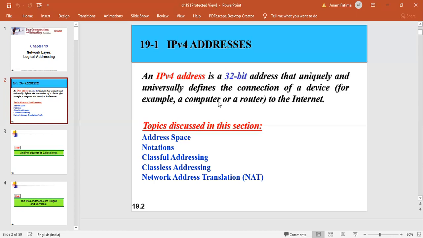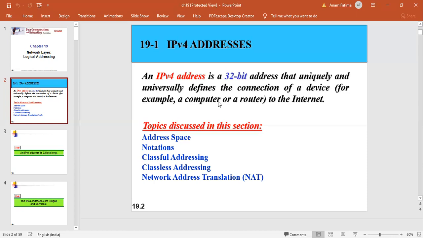So for that we need a global addressing scheme when we are talking about the network layer, where the source and destination can be totally different, far apart from each other, in totally different networks. For source to destination, host to host delivery, which is the responsibility of the network layer, you have to look for a global addressing scheme. In that case, the MAC or physical address will not be sufficient to identify your system.